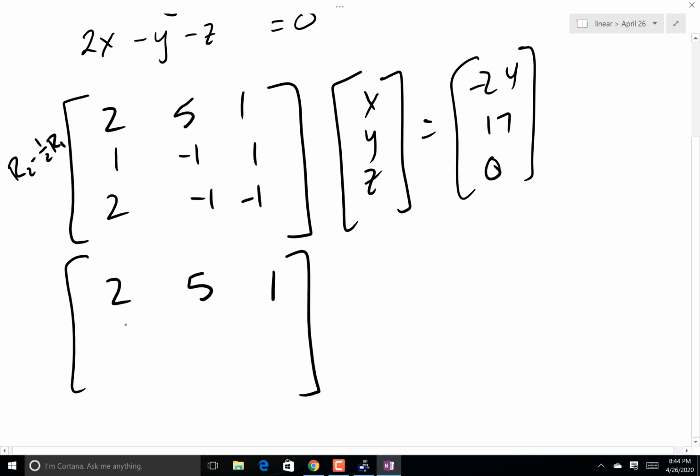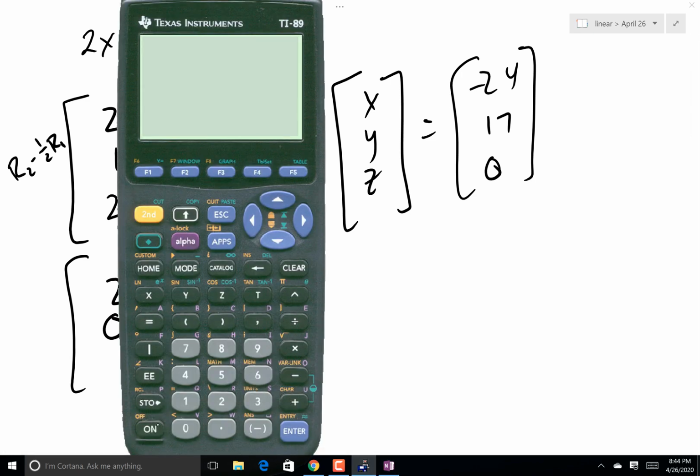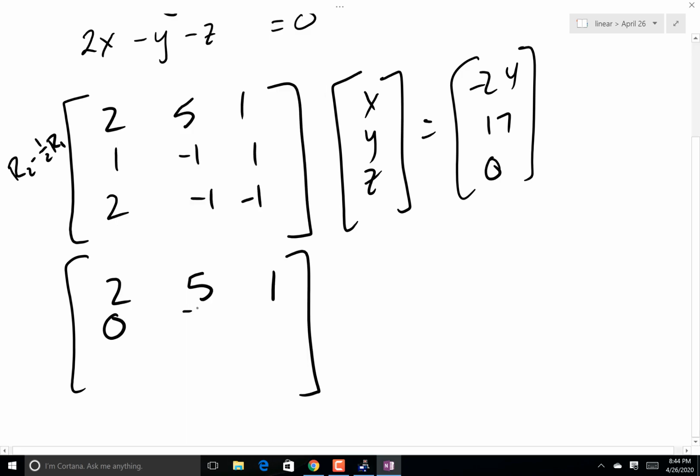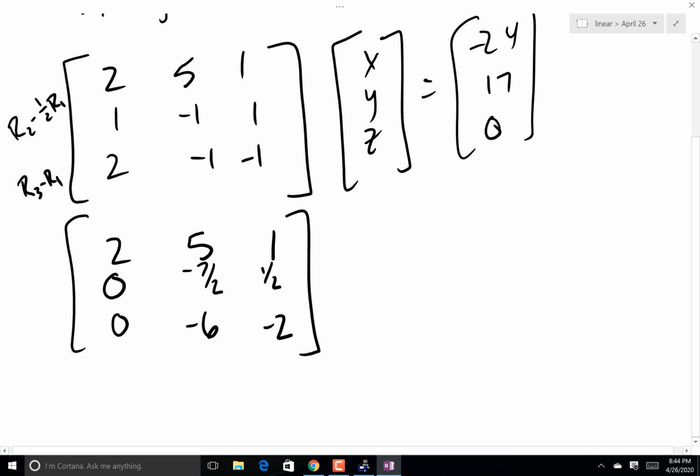So 1 minus a half, minus 1 is 0, and then it's going to be negative 1 minus 5 halves. I can't do that in my head anymore. Too tired. Negative 7 halves. It's going to be 1 minus a half is 1 half. And it's going to be R3 minus R1. 2 minus 2 is 0, negative 6, and negative 2.